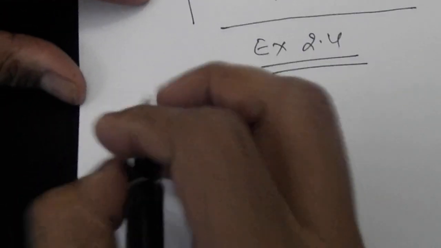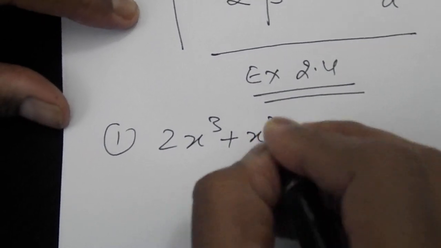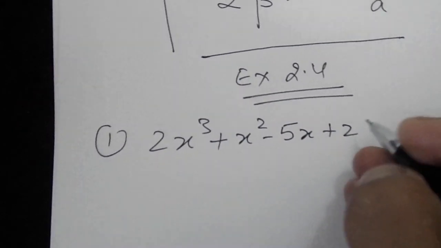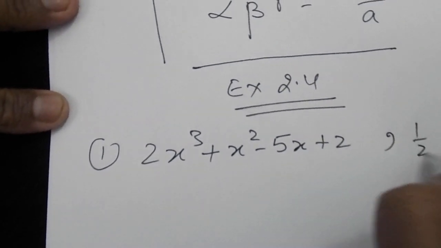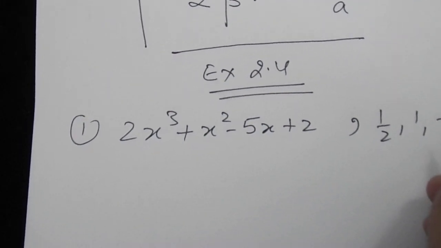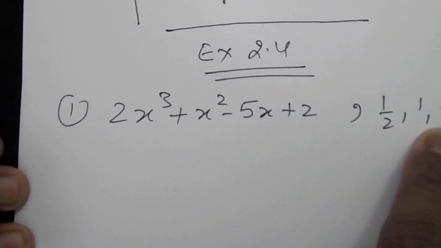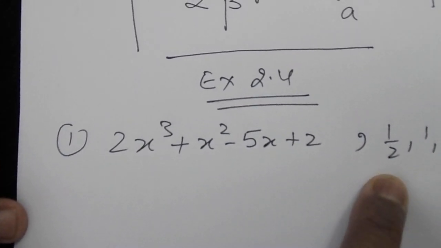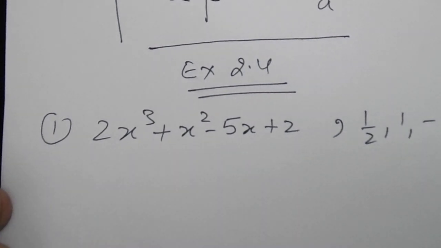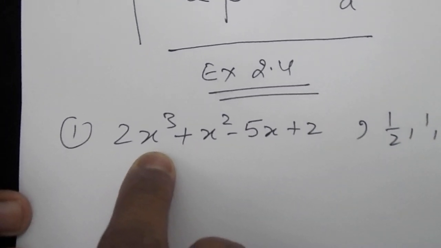It is given as 2x cube plus x square minus 5x plus 2, and the zeros are given as half, 1 and minus 2. First of all, we have to verify whether they are the zeros or not. For verification of the zeros, we have to put this value into the polynomial and check whether we get answer 0. If we get answer 0, then it is a zero of this polynomial.